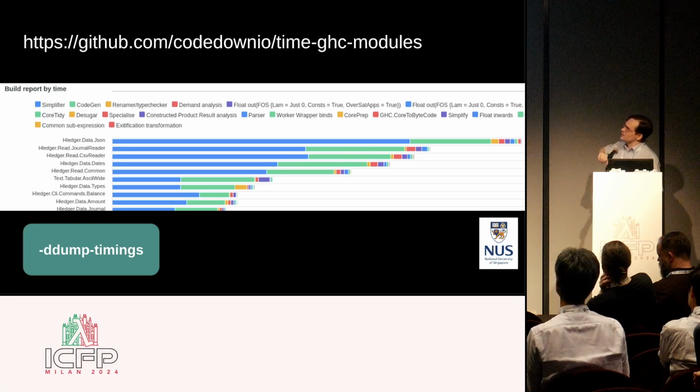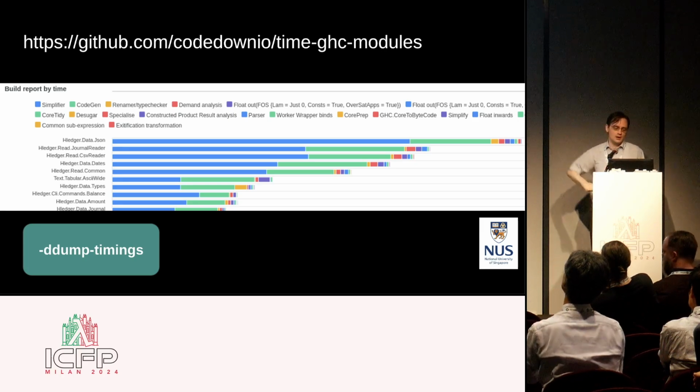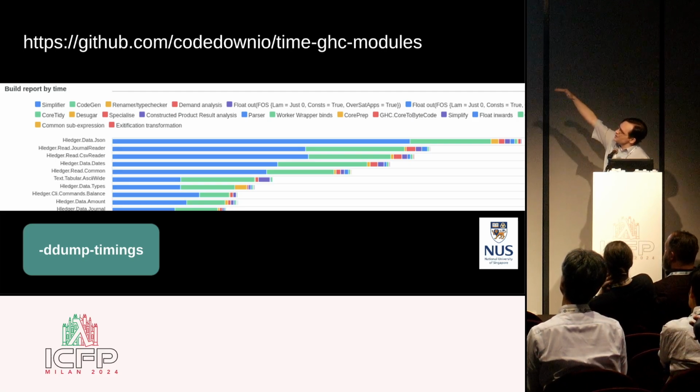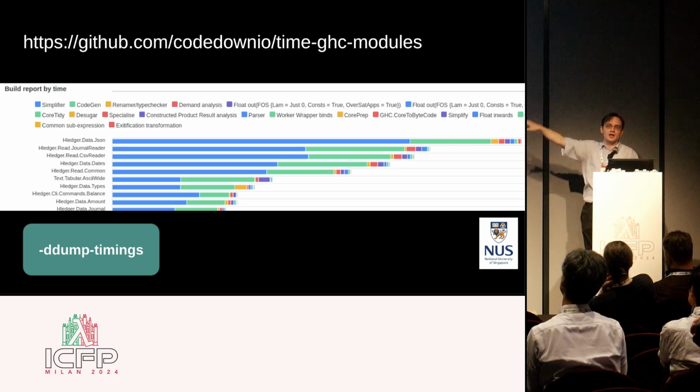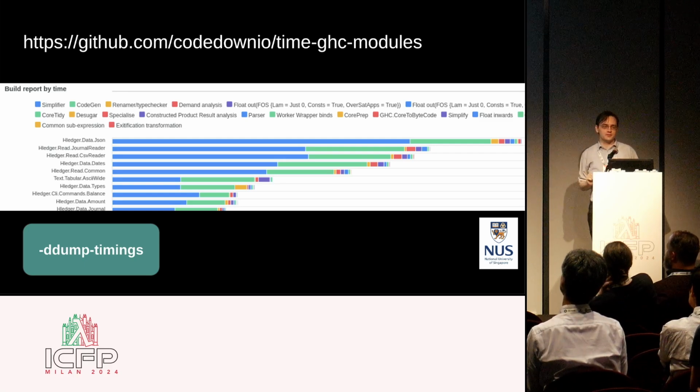And you can't really read it here, but what this library does is it uses the existing dump timings flag in GHC, and then it extracts and generates some nice graphs where each line here is one of the packages within a build, and each of the different colors represents one of the passes. So the blue there is the simplifier, the green, I believe, is the code generation, and on the end, one of those small slivers is parsing.